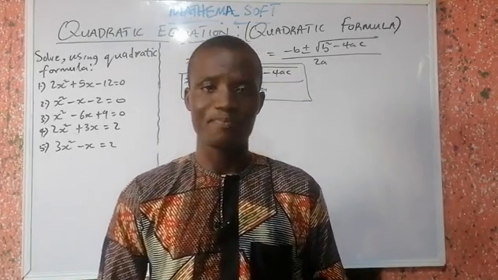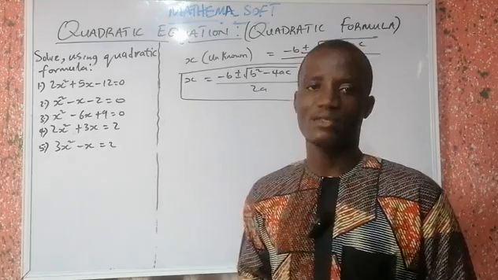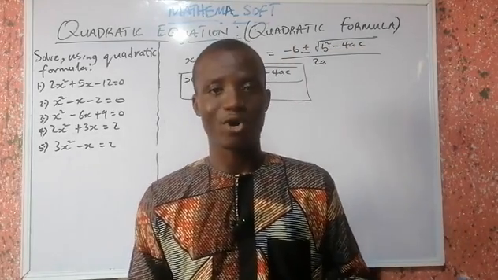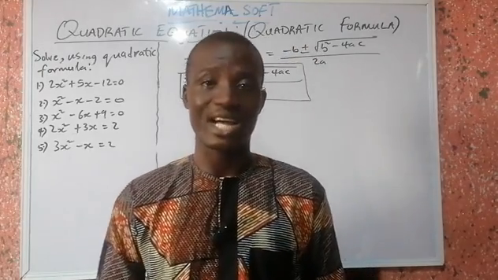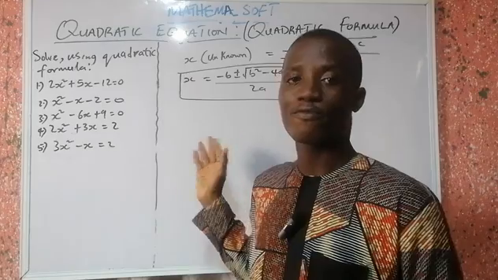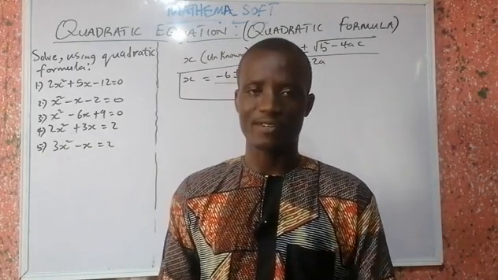But as a math student, it is proper for you to call it quadratic formula because there is no formula that is almighty. There are still so many questions in this world, even mathematically, that you cannot solve using this quadratic formula. So the proper name is quadratic formula.